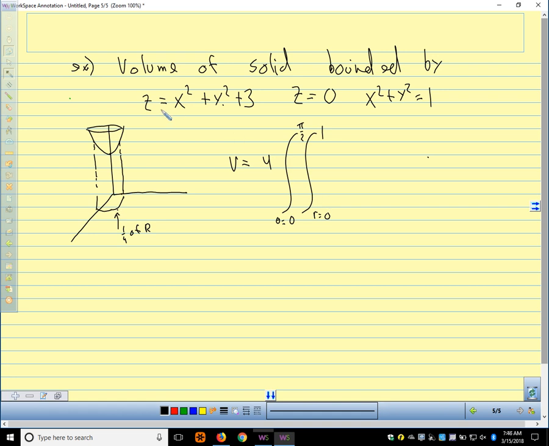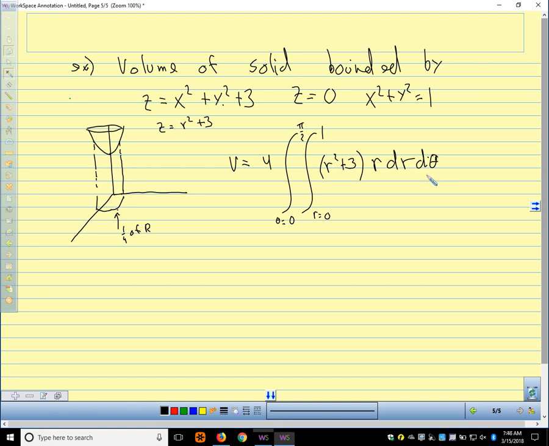Our function, f of xy, z equals r squared plus 3. So that's our function, f of xy, r squared plus 3. And our dA is r dr d theta.